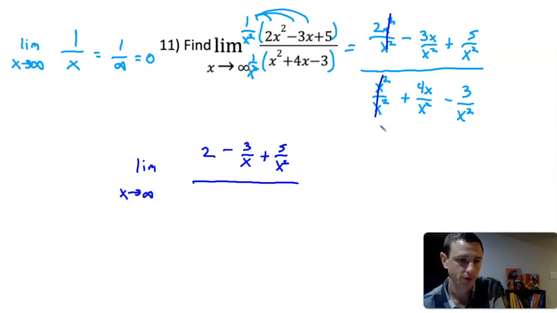And on the bottom, same thing, x squared over x squared is just 1, plus 4x over x squared is 4 over x, minus 3 over x squared. Okay.